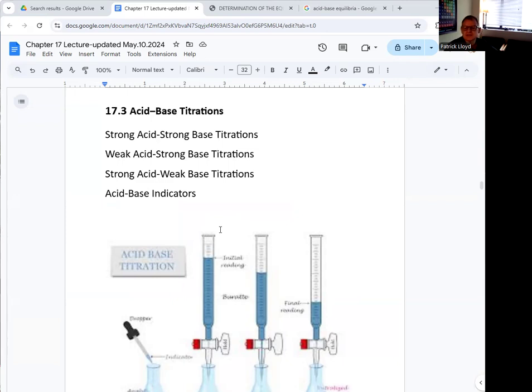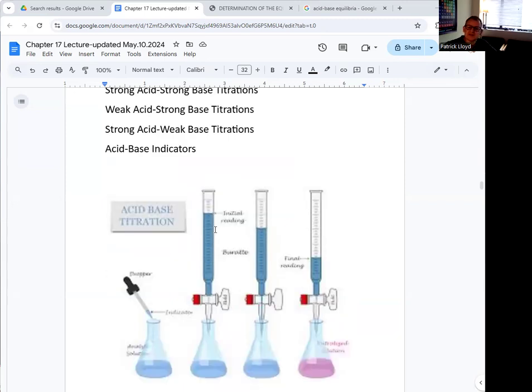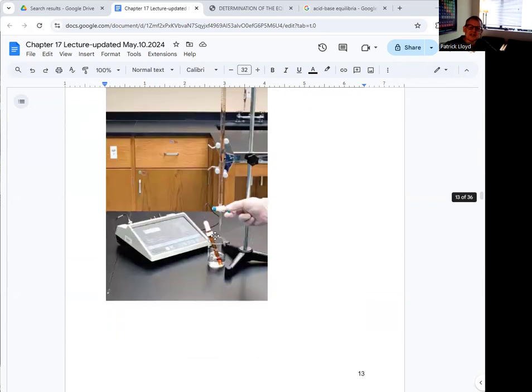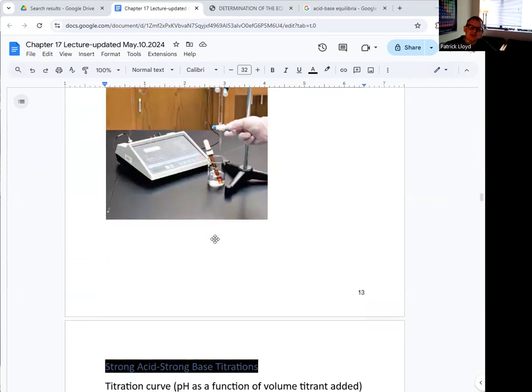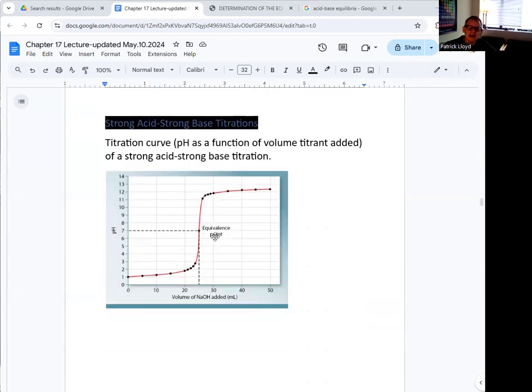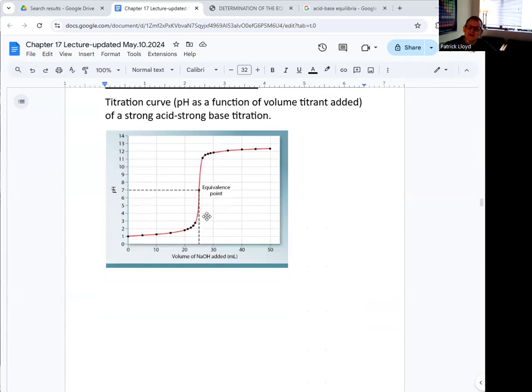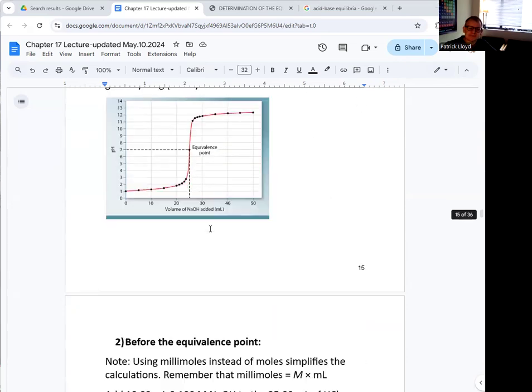There are different types that can be done, these titrations. We will just look at a few of them: strong acid, strong base, weak acid, strong base, and strong acid, weak bases. And then we'll talk a little bit about indicators. So this is a pretty cool section. It does involve calculations, but what you get out of these calculations is pretty fascinating.